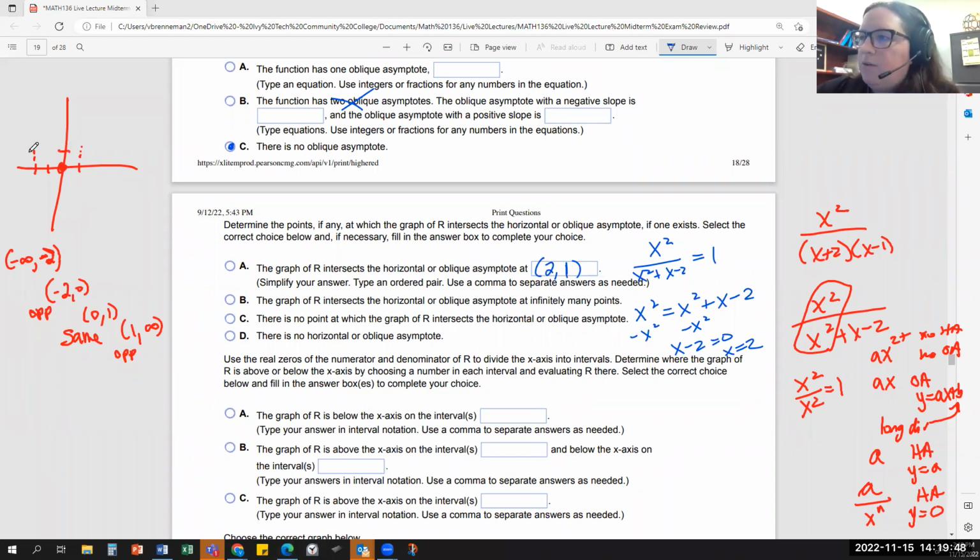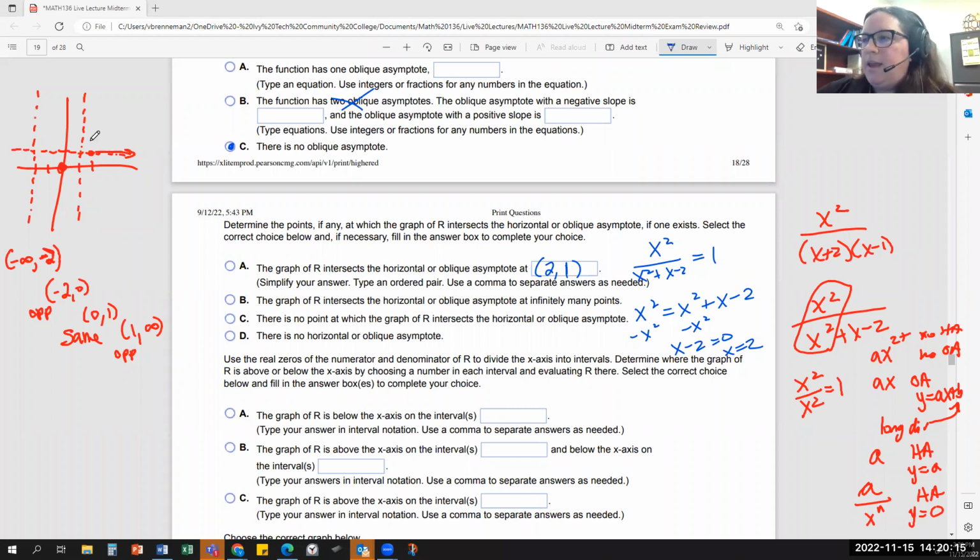So I have now on the graph a horizontal asymptote, and the graph intersecting that horizontal asymptote at the point 2, 1. And then I have the vertical asymptotes, and putting that together with the behavior, the graph is going to flatten out along the line y equals 1.